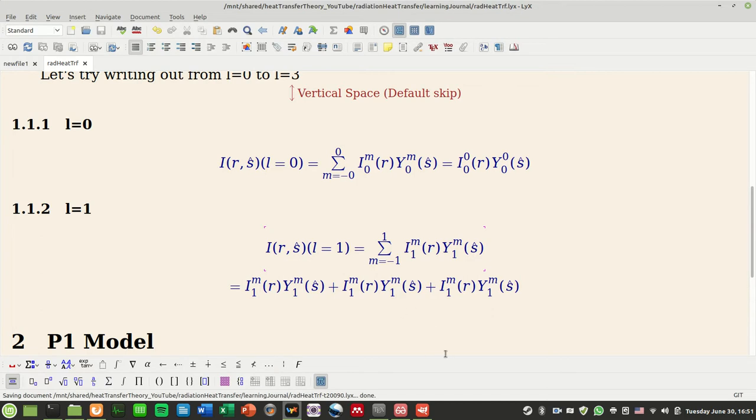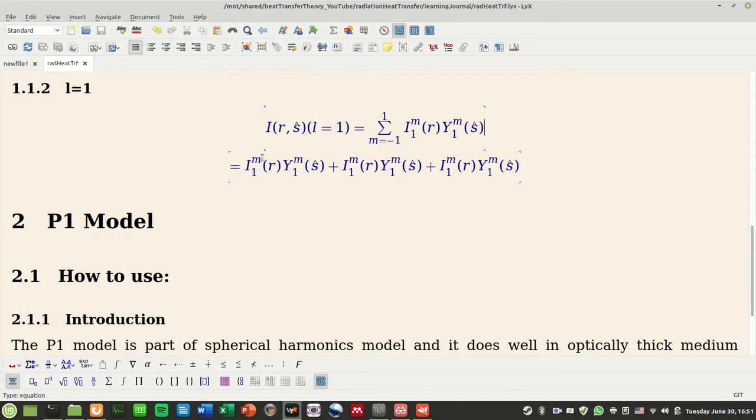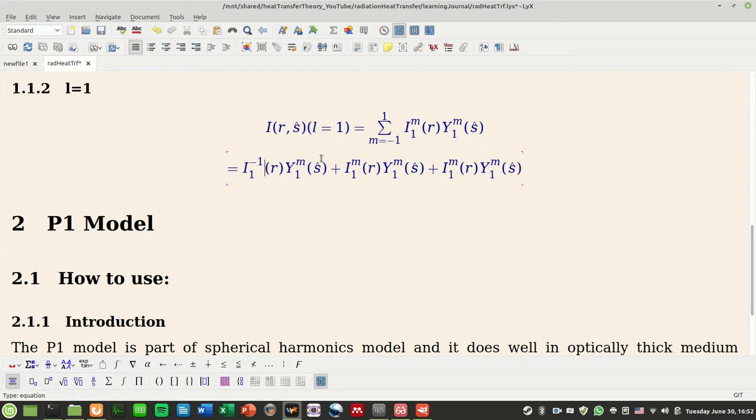I don't want all my formulas on one line, so let's do M equals -1 first, then M equals 0, and then M equals 1.